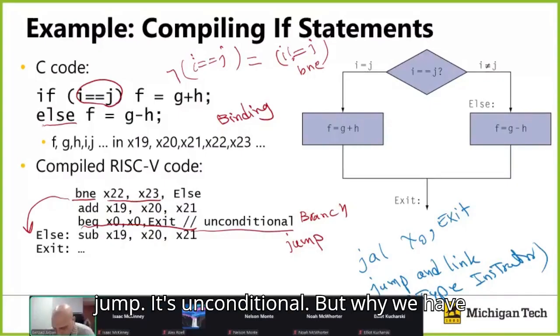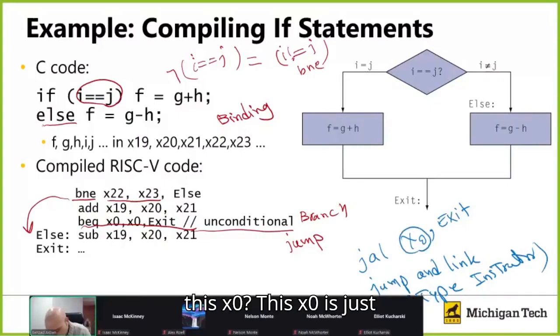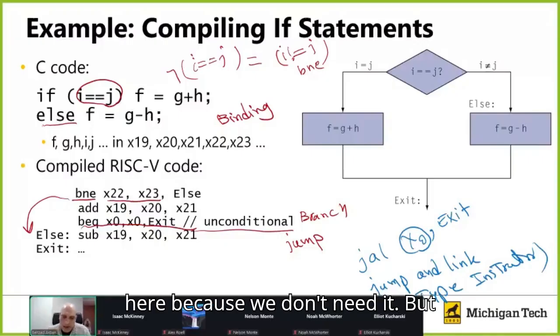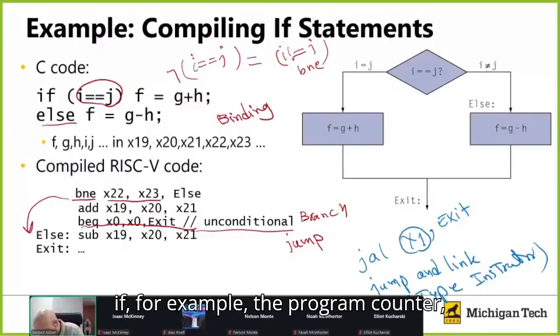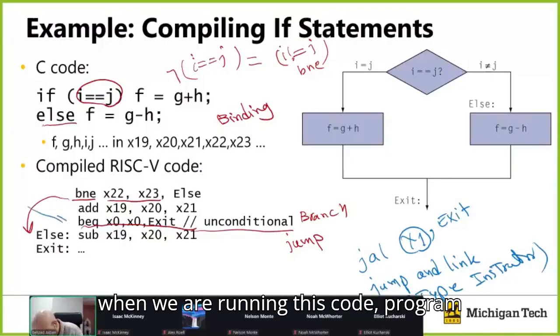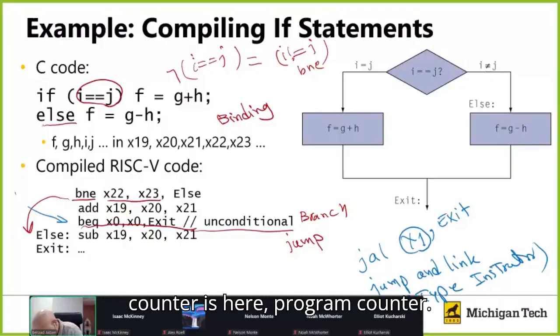It's not a conditional jump, it's unconditional. But why do we have this x0? This x0 is just for saving the next program counter. So we put x0 here because we don't need it. But normally we put x1 here. If we put x1, what's going to happen? When we are running this code, the program counter is here.